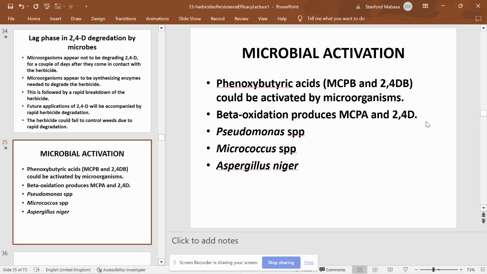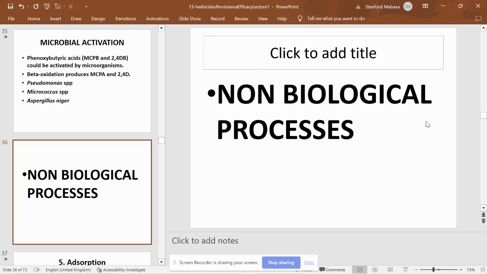This can also take place in a plant. And if it is a plant, the plant may actually die because of herbicide toxicity. So if we are talking of biological processes, we are talking about plants and microorganisms. And the main issues there are phase 1, phase 2, and phase 3, which are the key drivers in herbicide breakdown.